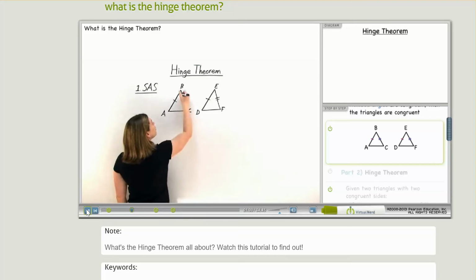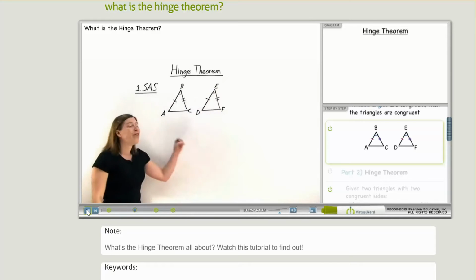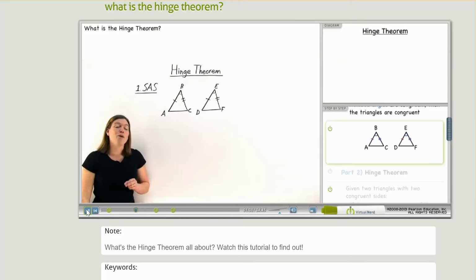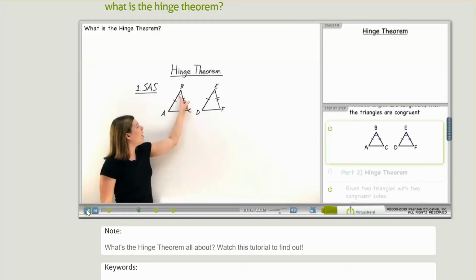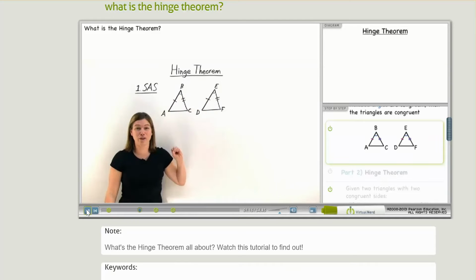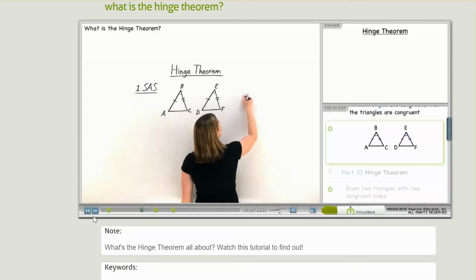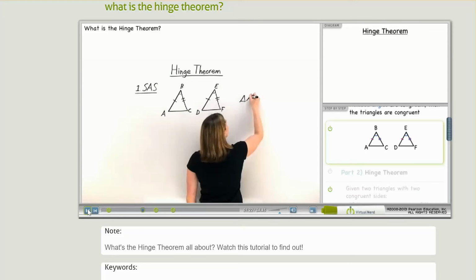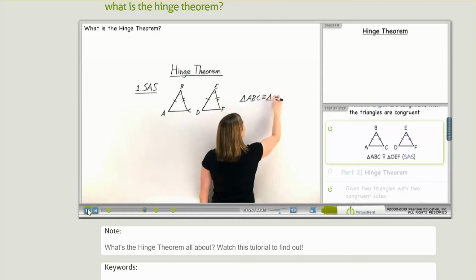Now, let's also say that these included angles, angle B and angle E, are congruent. So they measure the same. Now, according to the side angle side postulate, we have two sets of congruent sides, and the included angles are also congruent. So by the side angle side postulate, triangle ABC is congruent to triangle DEF.